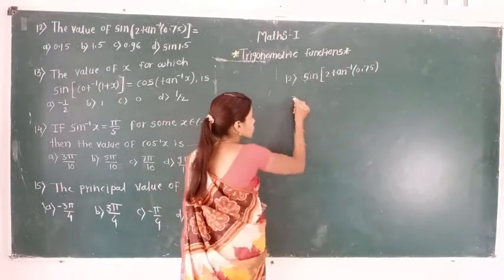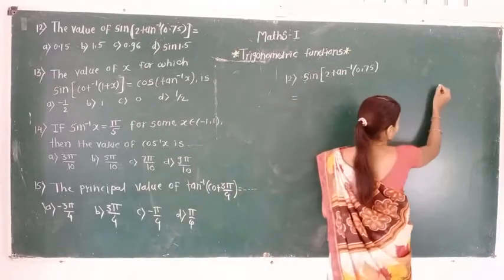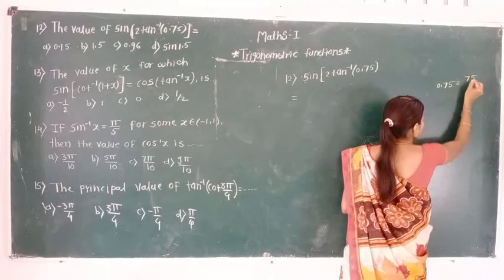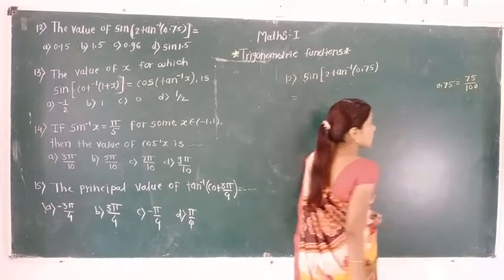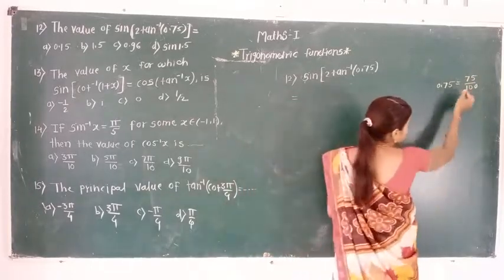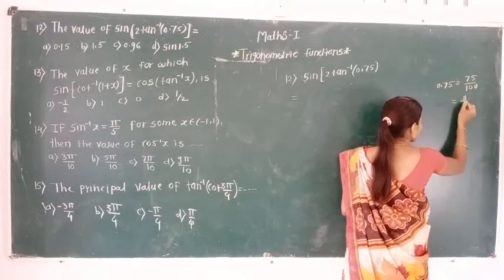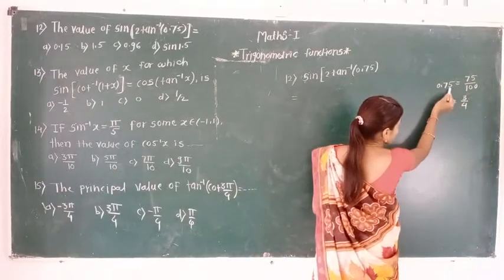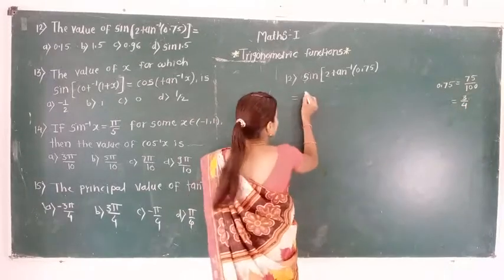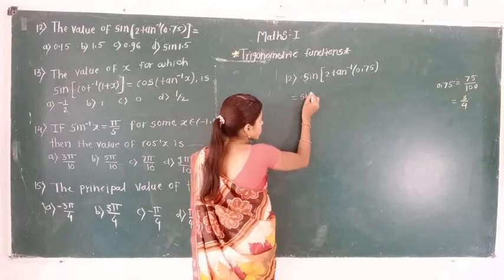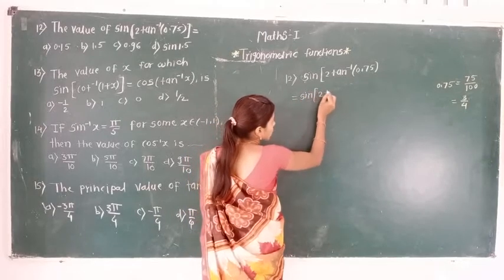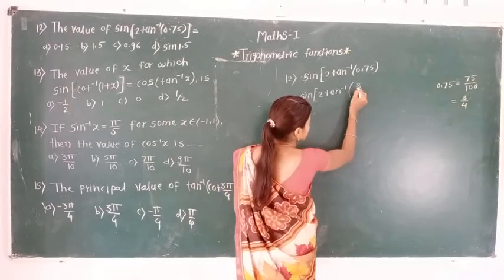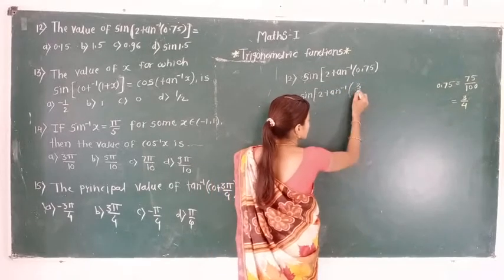First we write 0.75, that is 75 divided by 100, and simplifying this ratio we get 3 divided by 4. So using 0.75, we can write 3 by 4, get sine of in bracket 2 tan inverse in bracket 0.75, that is 3 divided by 4.